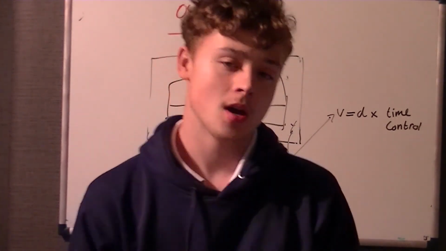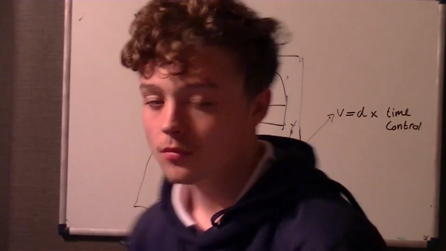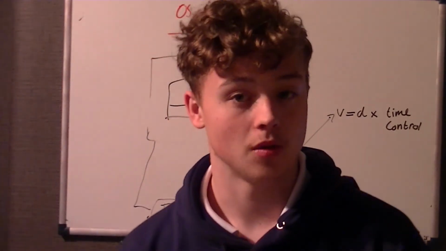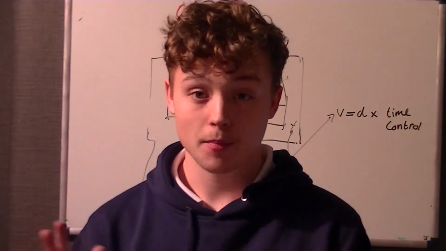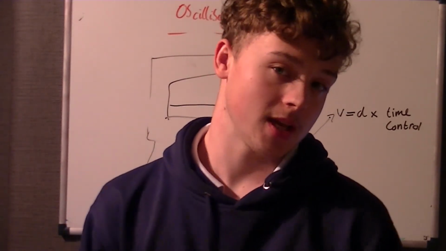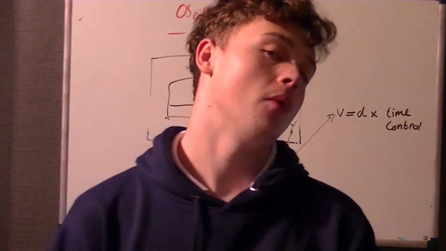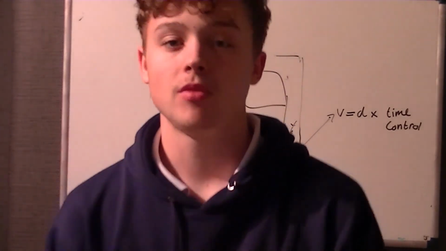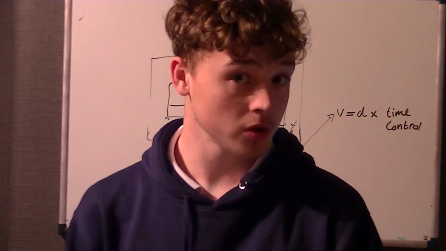So with oscilloscopes, the anode emits the electrons. The Y sensitivity is denoted by the Y plates: increase the potential difference, and you increase the amplitude of the wave. Increase the X potential difference across the X plates, and you increase the frequency, and it moves the position of the spot of light.